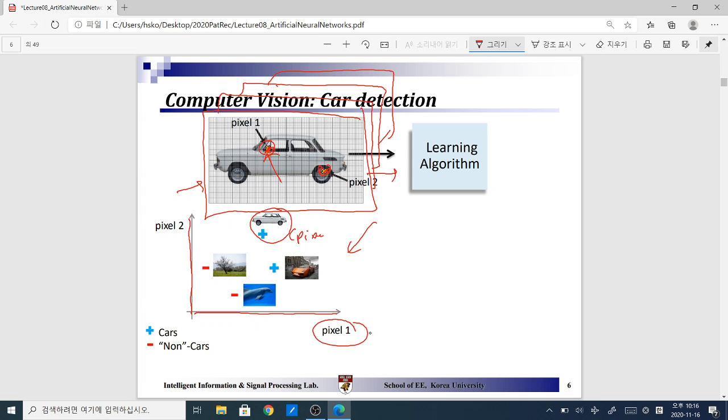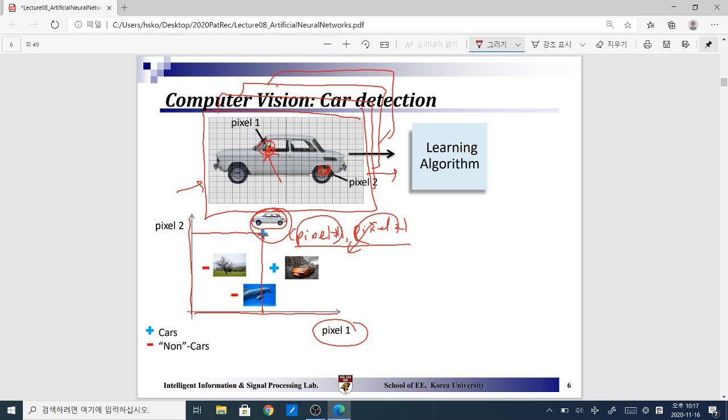pixel 1 value and pixel 2 value on this coordinate, it's got a very specific intensity value for, once again, pixel 1 and pixel 2. So for pixel 1 of this particular exemplar would be right here, and the intensity for pixel 2 for this sample is right here.